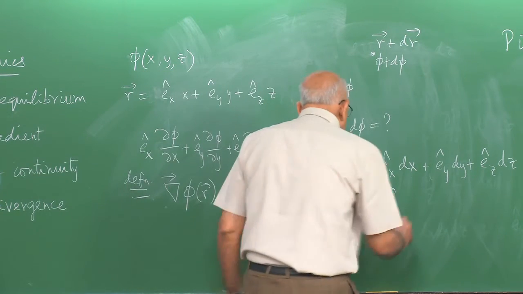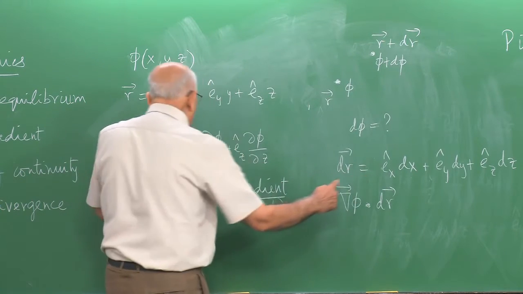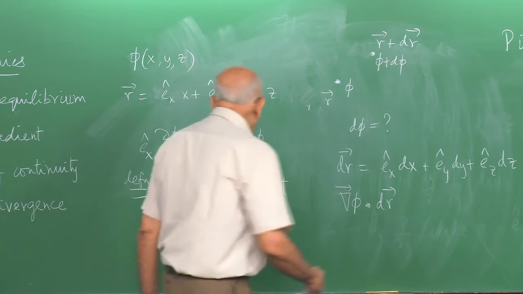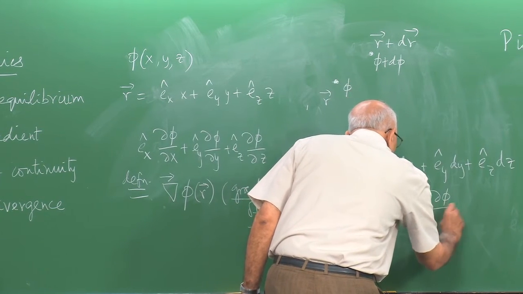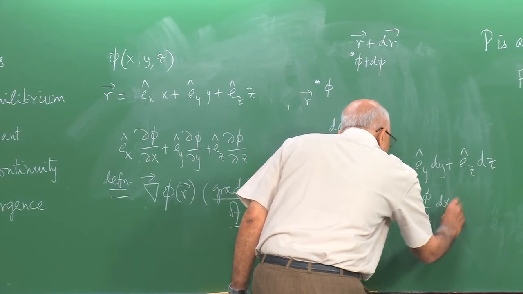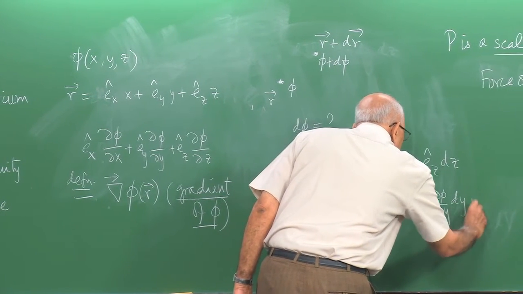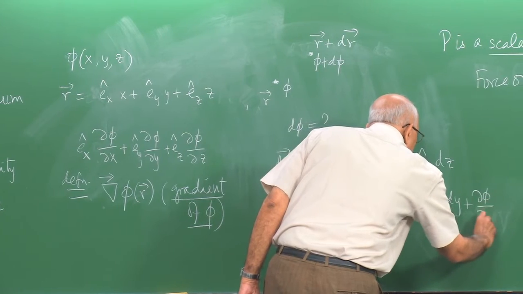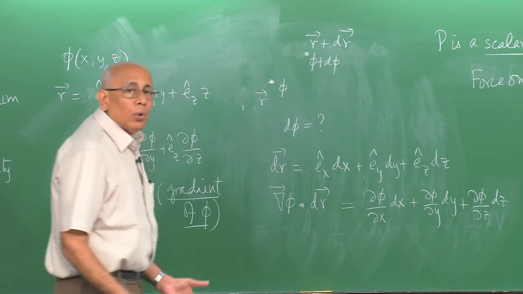This quantity here, if I use the rule for dot products, the x of this with the x of that, the y of this with the y of that and so on, this as you can see is immediately equal to delta phi over delta x dx plus delta phi over delta y dy plus delta phi over delta z dz. But this is the total change in phi.